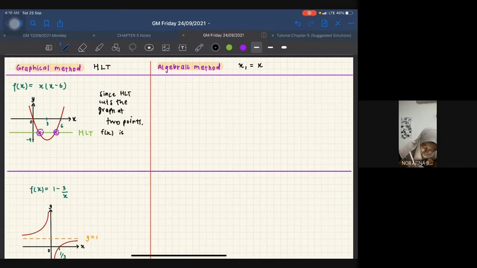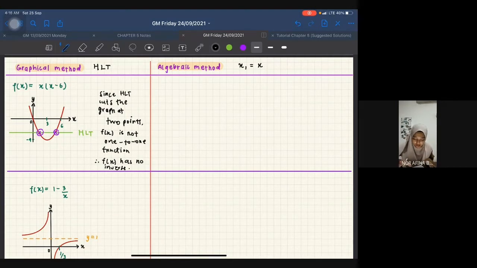Fx is not one-to-one function. Hence, Fx has no inverse function. Fx has no inverse. Macam ni pun boleh. Okay, so settle dekat situ.